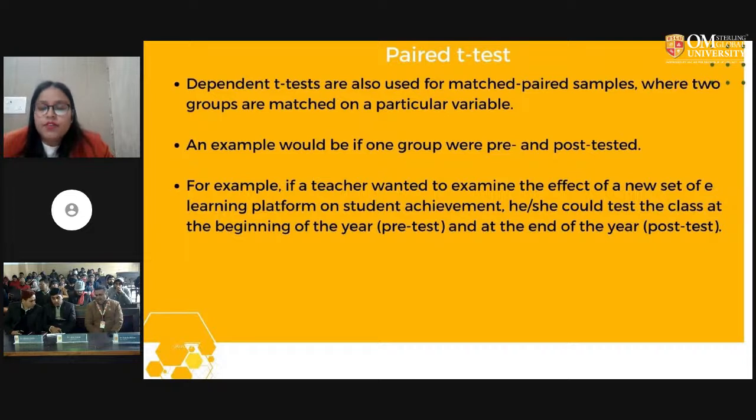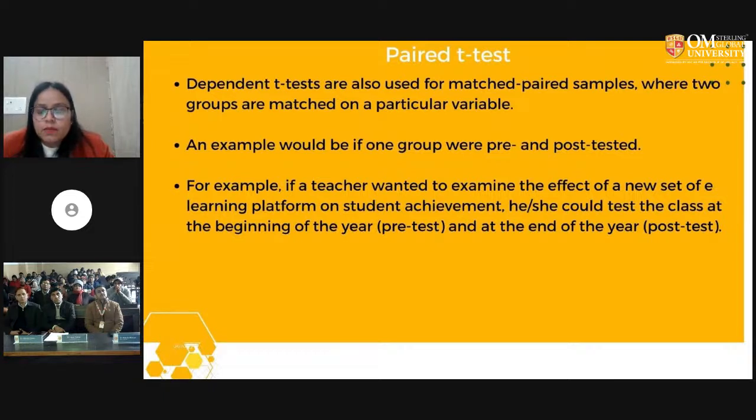So here we can test the students before the beginning of the year. That will be known as the pre-test. And then we'll conduct a test after giving them exposure to the new e-learning platform and score them. Then we'll compare these two scores. This will be known as the paired t-test.